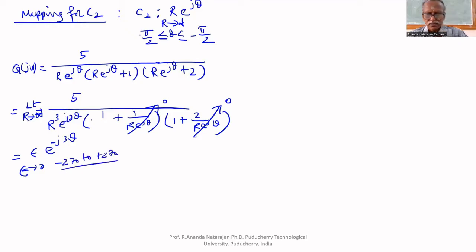So the mapping is like this. Anyhow, it is a point at the origin, but its angle alone is varying.